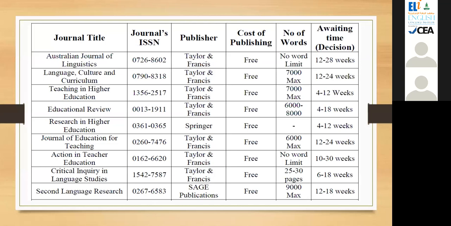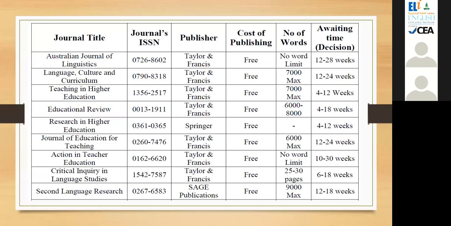So you will find it difficult to publish in these prestigious or ISI journals. So you have to put in mind first the number of words required. As you can see here, for example, it is 9,000 words maximum, okay?